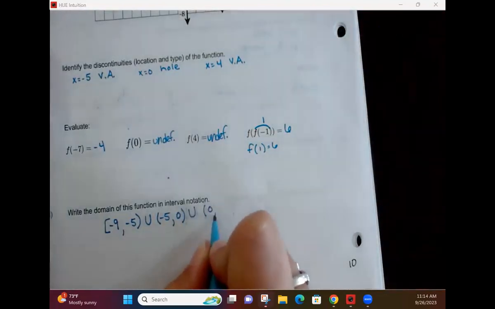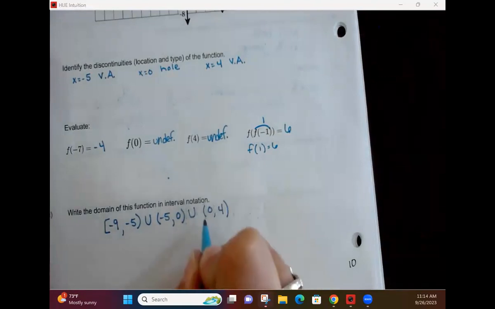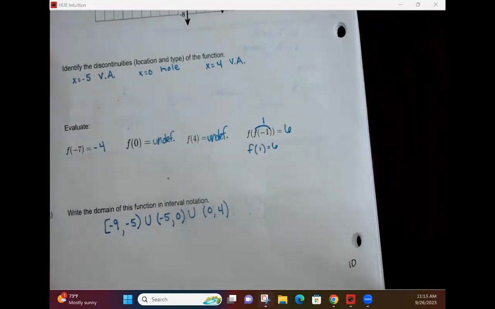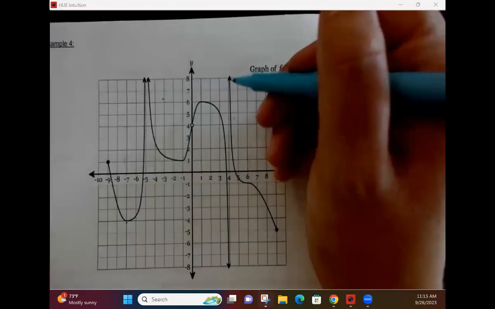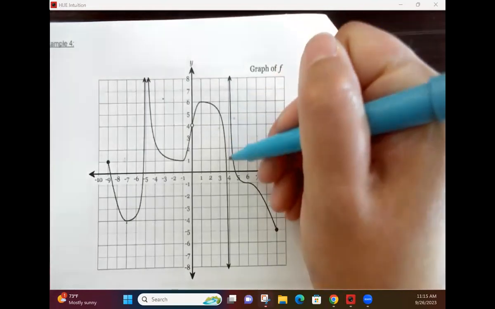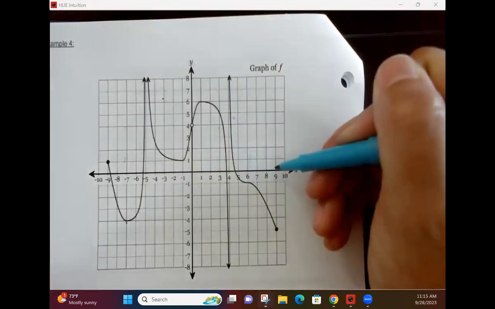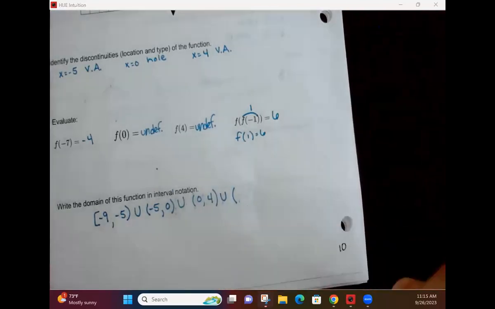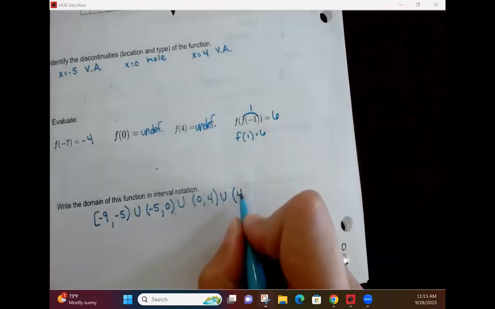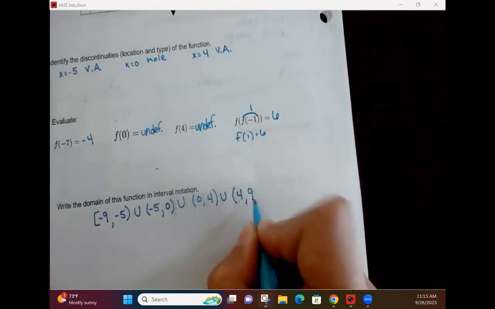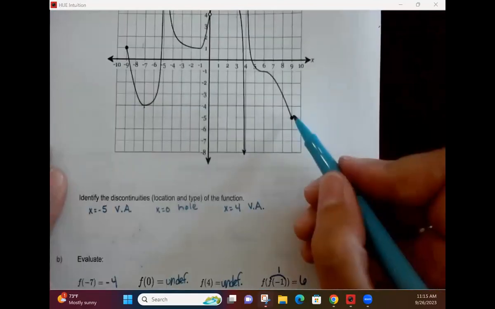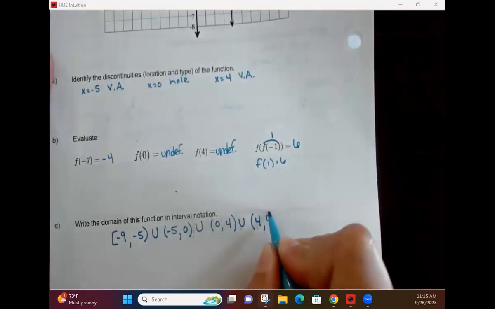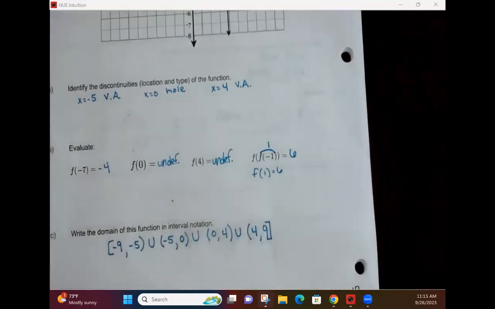So I can go from 0 to 4, parentheses on both, because I cannot have 0 and I cannot have 4. So anything between 0 and 4 is okay. And then for my last piece, anything bigger than 4 up to 9. We have 4 pieces for our domain here. And I can include 9. So 9 gets a bracket.